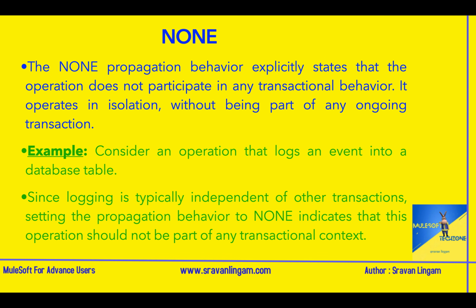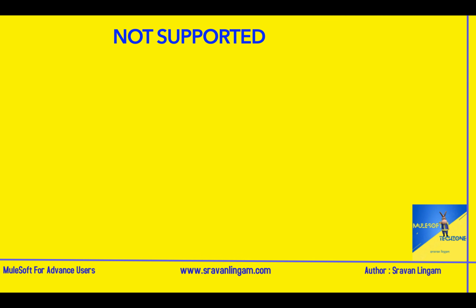Since logging is typically independent of other transactions, setting the propagation to none indicates that this operation should not be part of any transactional context, because these are just logs. It is not dependent, or very important for us, or any other operation is dependent on this. These are just logs, so we don't have to specify any kind of transactional management.